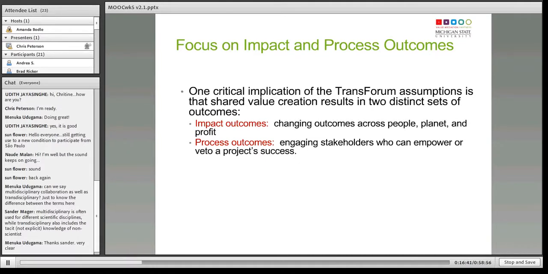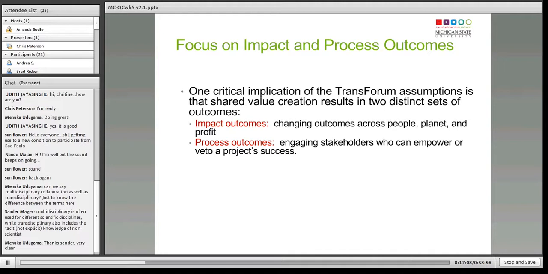Or vice versa, if a project becomes mired in process, you'll have an endless set of debates that will never in fact create any real change in the dimension of people, planet, and profit. So you've got to care about both of these sets of outcomes if a project is to be successful.